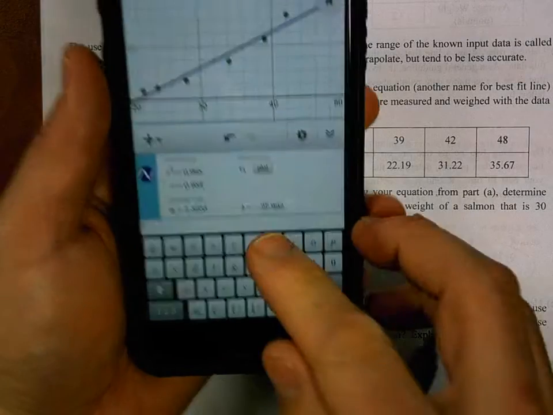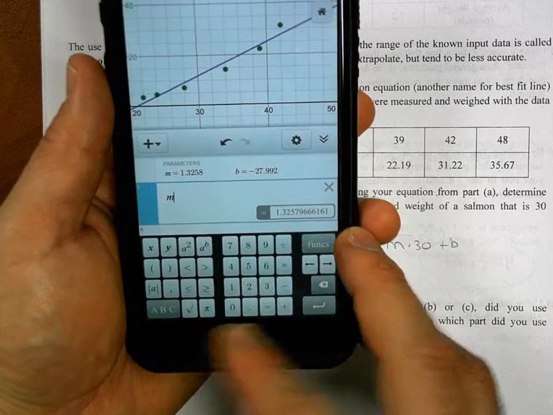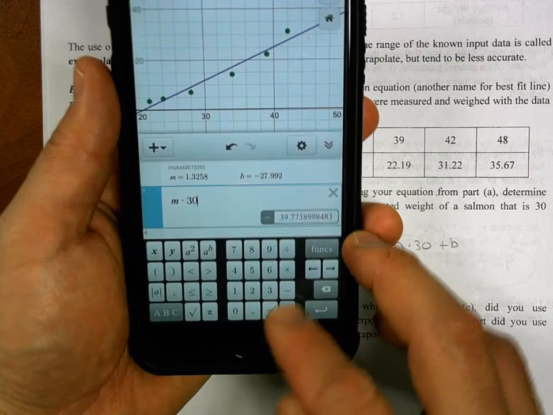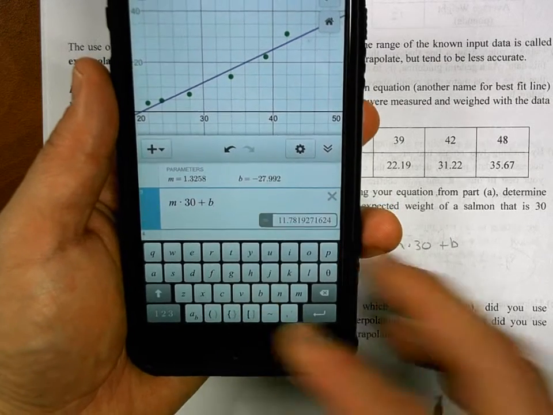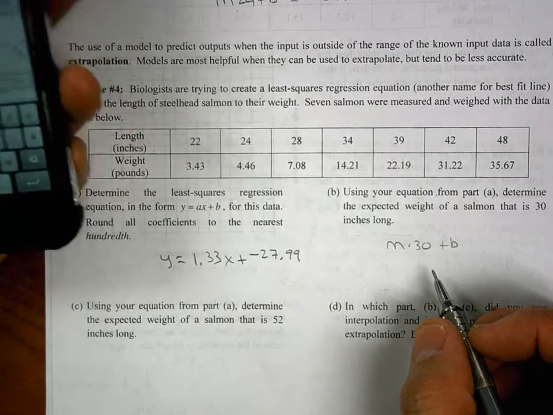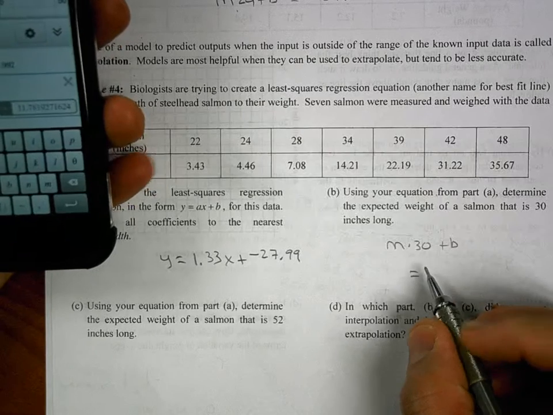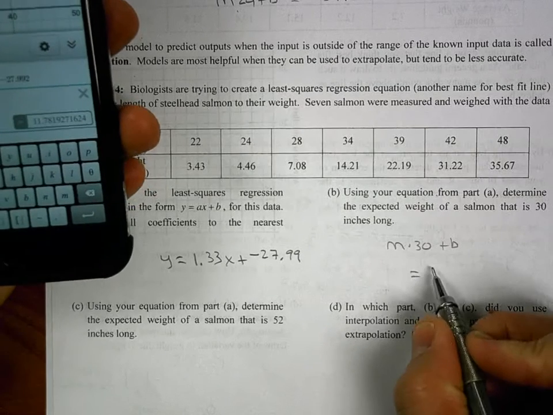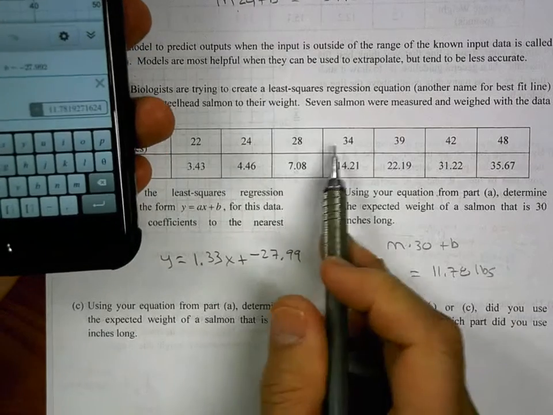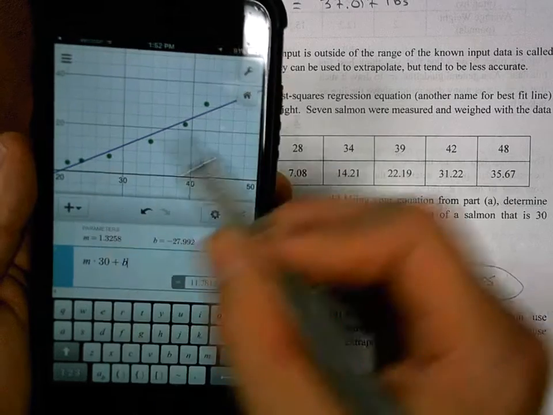So type that in. m times 30 inches plus b. Okay, so if they caught a 30-inch salmon, how many pounds would they predict that would be? 11.78 pounds. Kind of makes sense, somewhere in there. There we go. So we use this equation to predict.